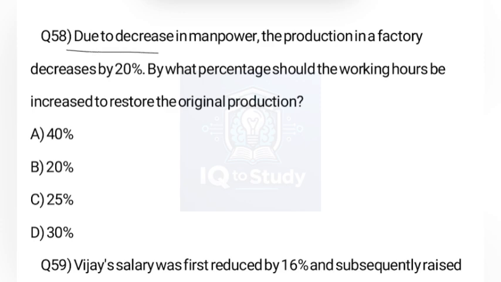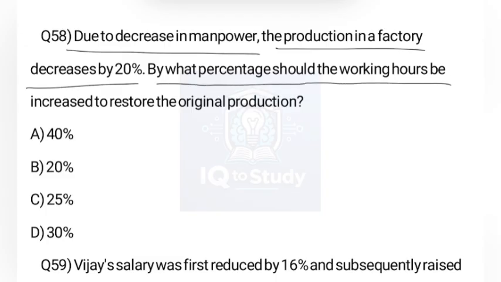Due to decrease in manpower, the production in a factory decreases by 20%. By what percentage should the working hours be increased to restore the original production?